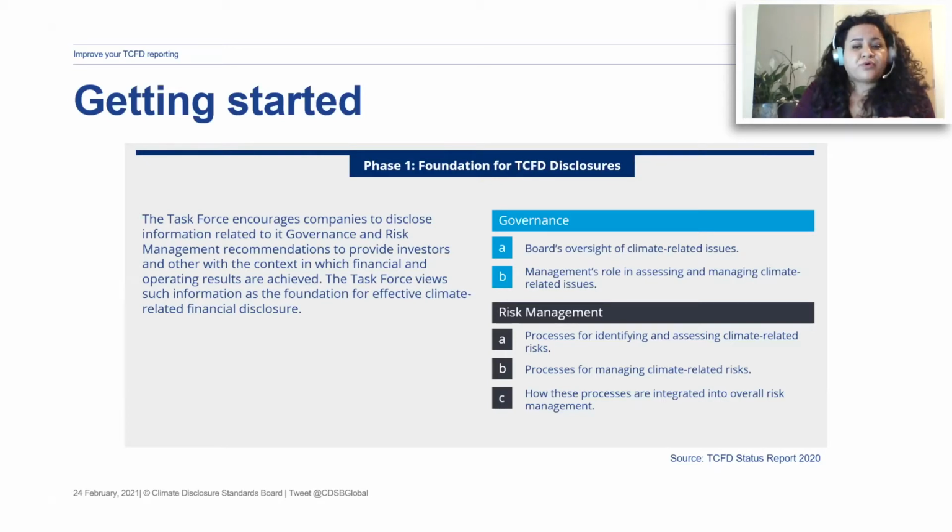So it's important to consider how climate change is assessed and managed in the same way that financial risks are assessed and managed. Think about how to consider climate as part of your existing risk categories: credit risk, operational risk, strategic risk, and think about how climate can be a risk multiplier and may have an impact across the business.